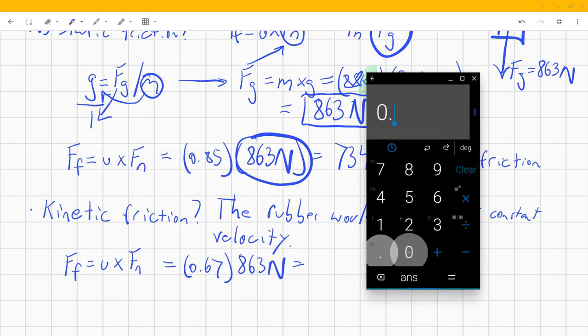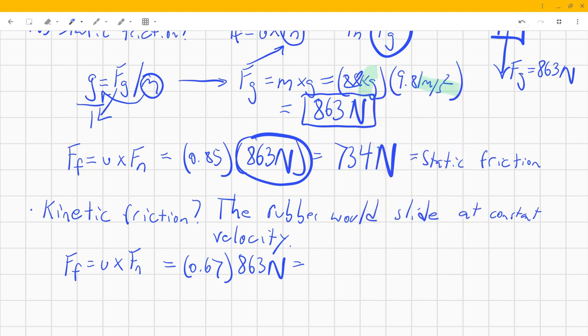So 0.67 times 863. The kinetic frictional force when the rubber block is sliding will be 578. So now we can confirm that the static friction is greater than the kinetic friction.